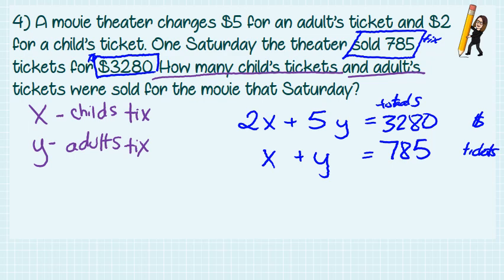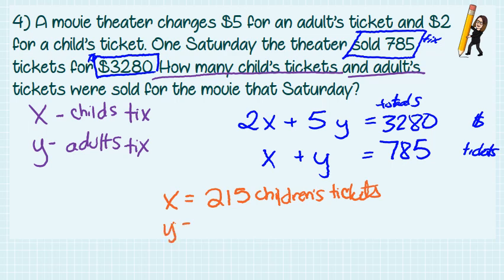All right, let's take a look. We should end up with nice clean totals because I can't have half a ticket. So we end up with 215 children's tickets and we end up with a Y value of 570 adult tickets.